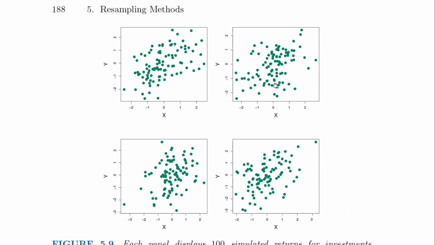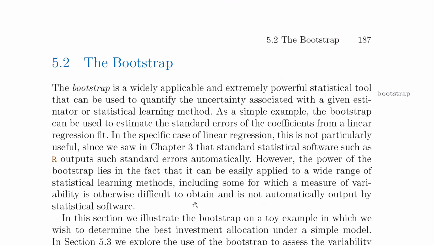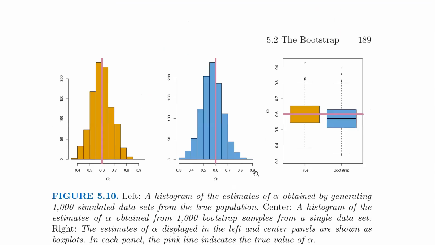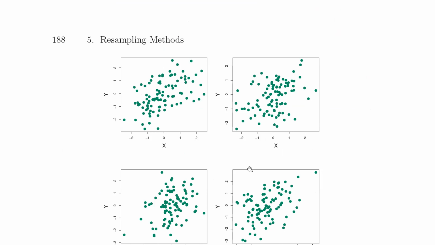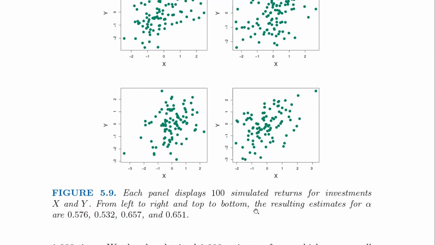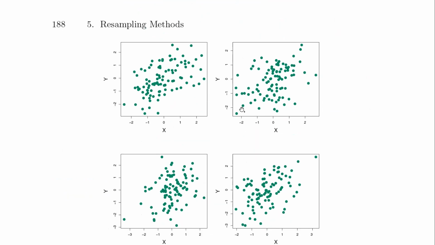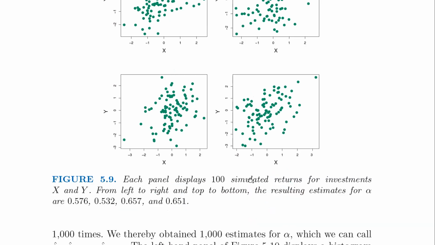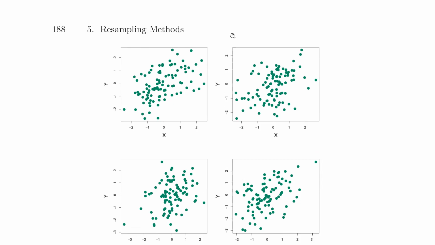We start by looking at the true, in fact, they're simulated. So each panel has, doesn't look like 100, maybe 50 observations. No, it is 100. Looks like less to my eyes.